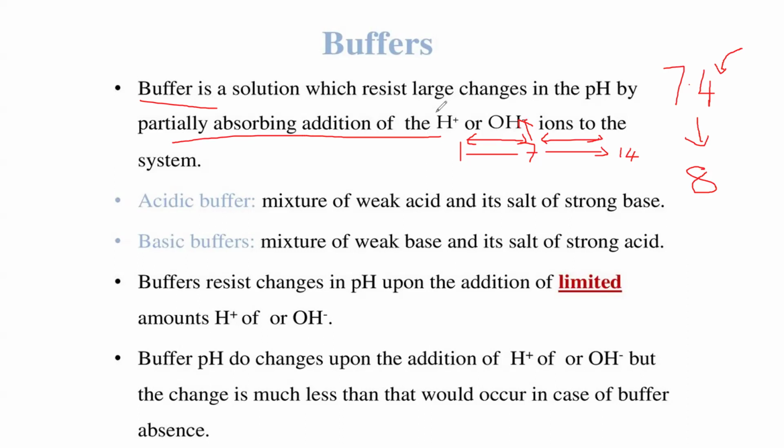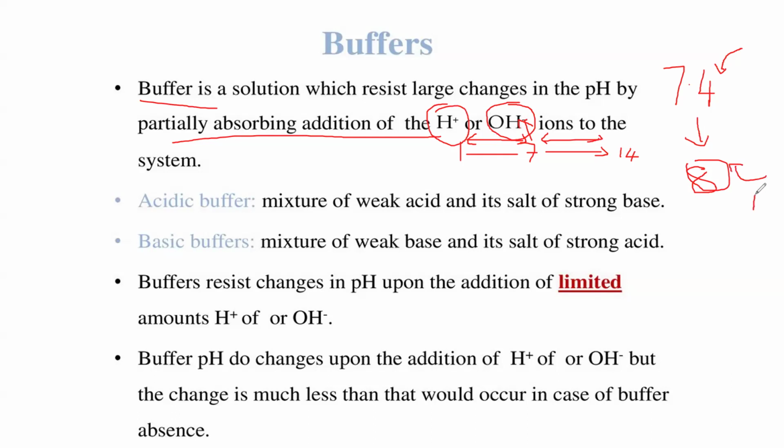Remember, I told you whenever you have hydrogen ions, you have acids. And whenever you have OH, you have a base. So if you have an increase in pH, how do you bring down the pH? It is by adding an acid. The pH is 8, so to bring it back to 7.4, you add an acid.